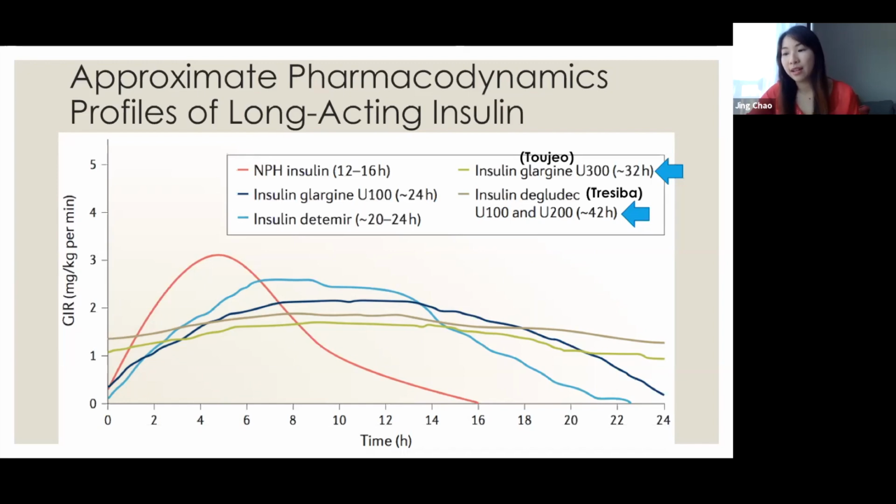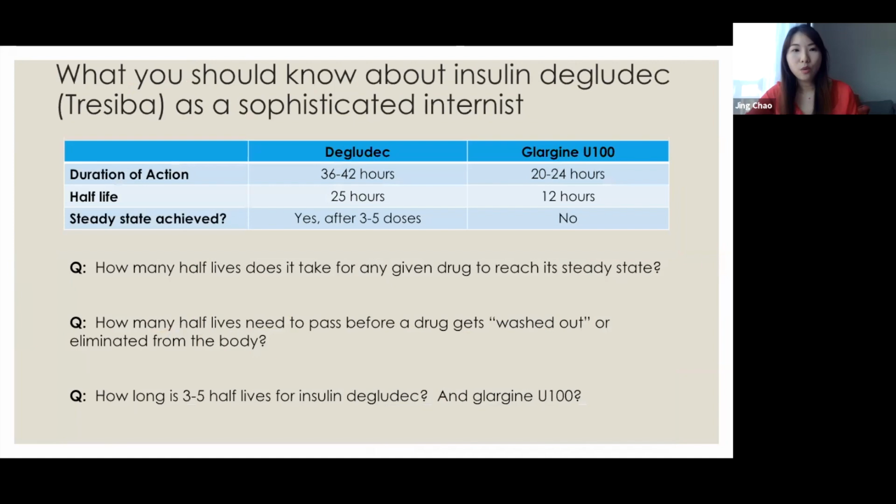What poses a challenge is insulin degludec, which I'll spend a few minutes on the next couple of slides. So what you should know about insulin degludec as a sophisticated internist is that degludec has an extremely long duration of action of up to 42 hours.